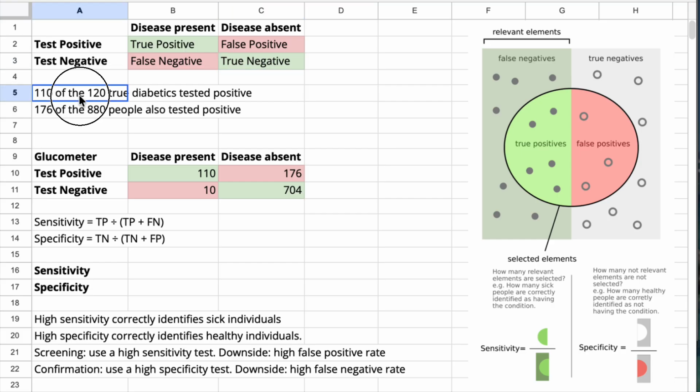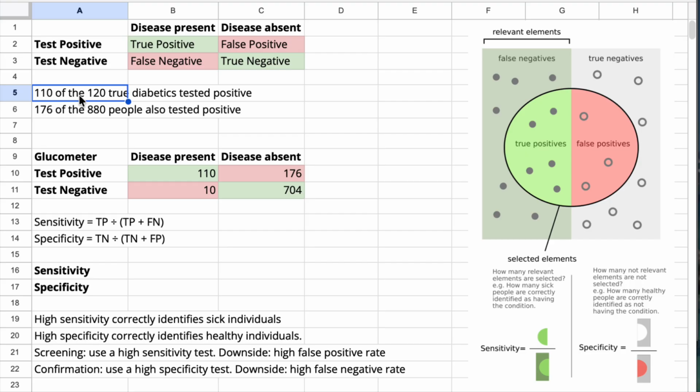So there were 1,000 people tested at the health fair. And later follow-up tests showed that of the 1,000, 120 were actually diabetic. But on the day of the health fair, only 110 of those with the disease tested positive.